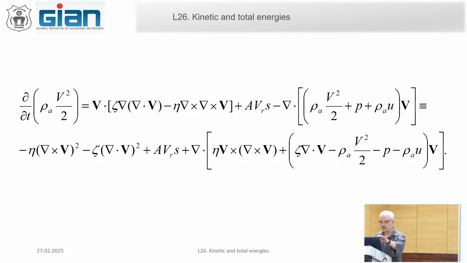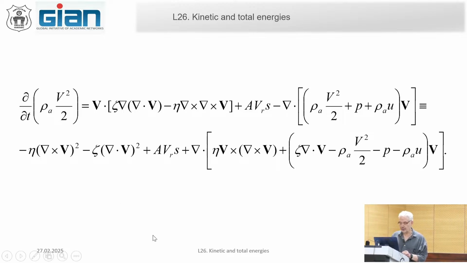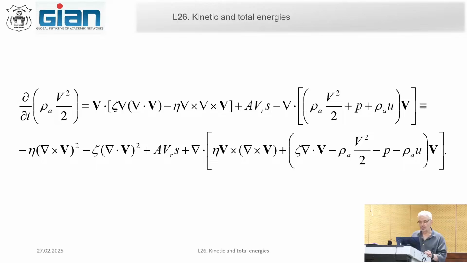So let's first stand for the next lecture, which is about kinetic and total energies. This equation, which is shown here, could be obtained from the Navier-Stokes equation if we just multiply it by the velocity vector. We take the scalar product of the velocity vector with the Navier-Stokes equation, in other words the momentum equation.